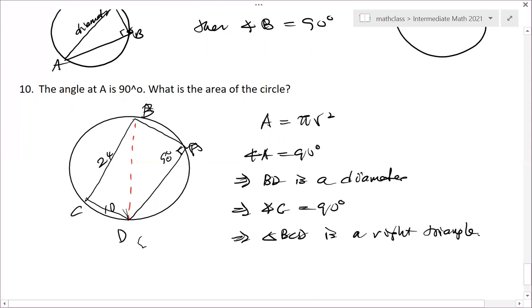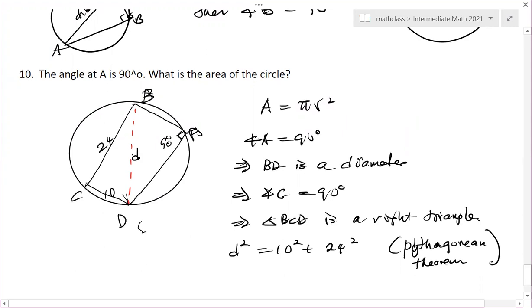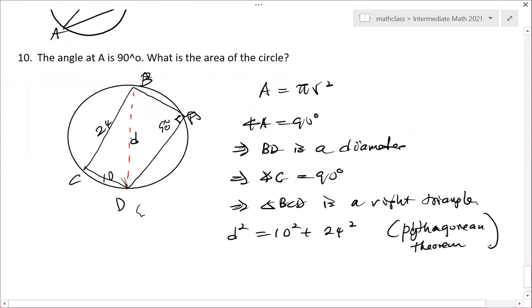Okay, if it's a right triangle, and this side is D, that means diameter, then D squared equals 10 squared plus 24 squared. This is by the Pythagorean theorem.